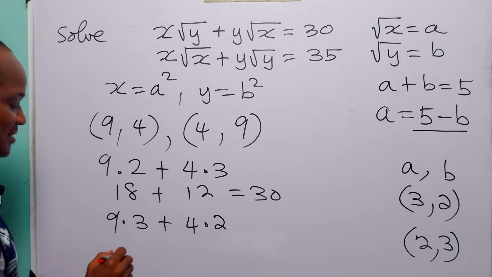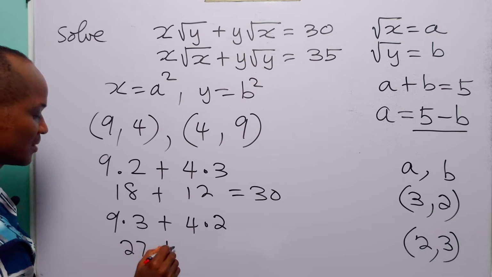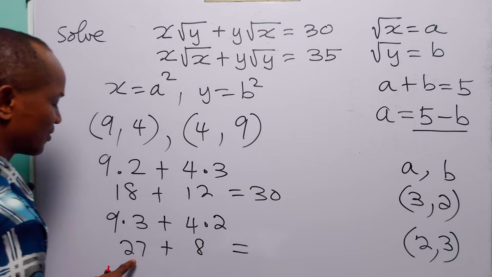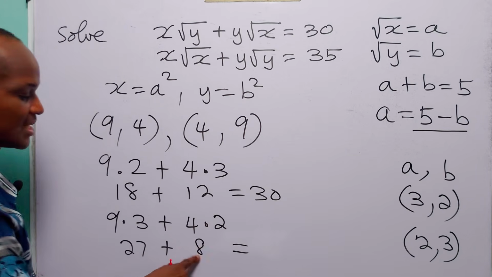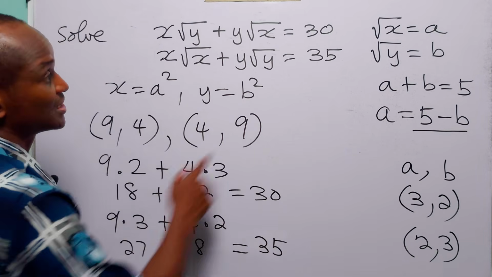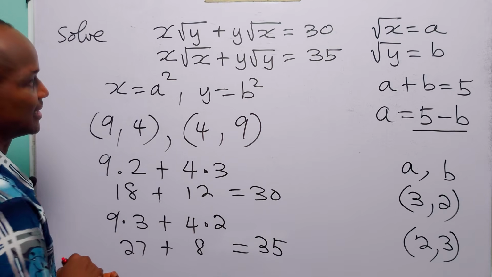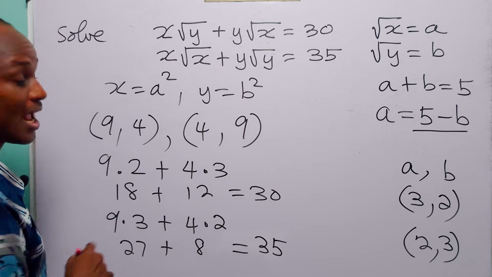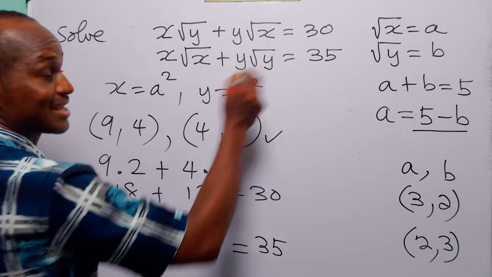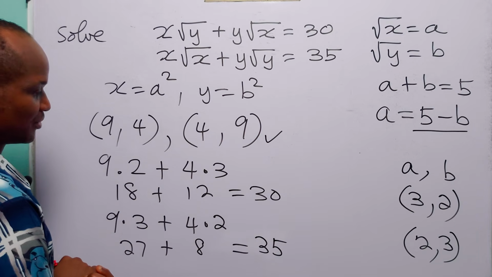Now, 9 times 3 is 27, and 4 times 2 is 8. Now, 27 plus 8 is equal to 35, which is exactly what we have in the second equation. And of course, you know that for the second point, exactly the same thing is going to happen.